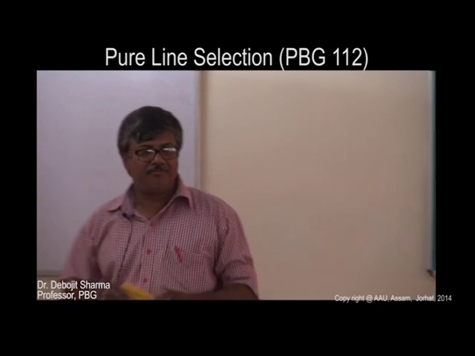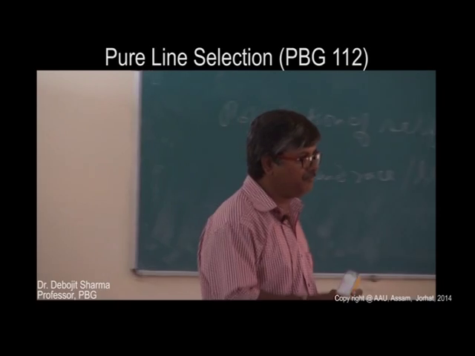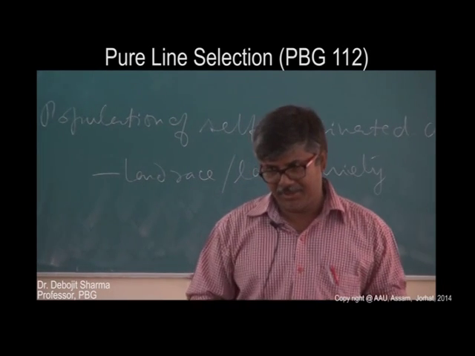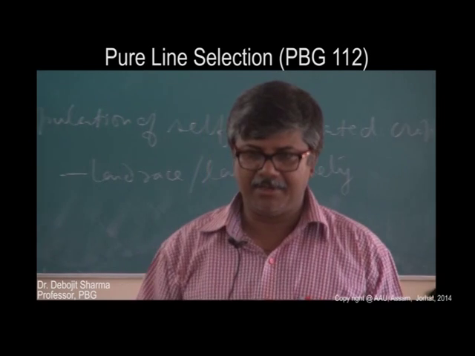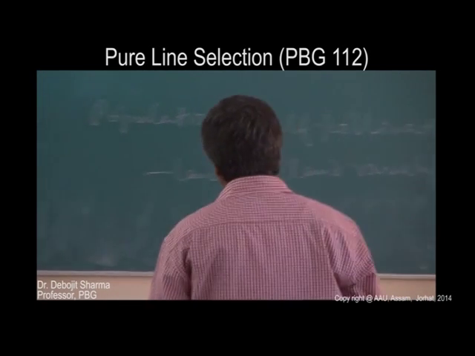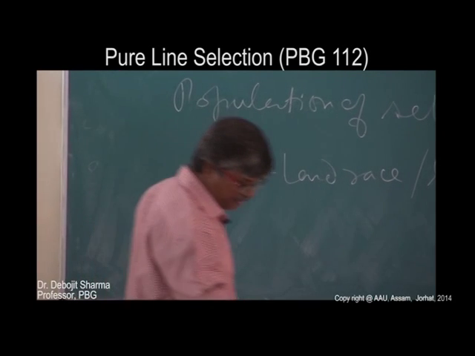So when the breeder opts for selection in a self-pollinated crop, he first uses a land variety or land race. The land race is nothing but a mixture of pure lines.